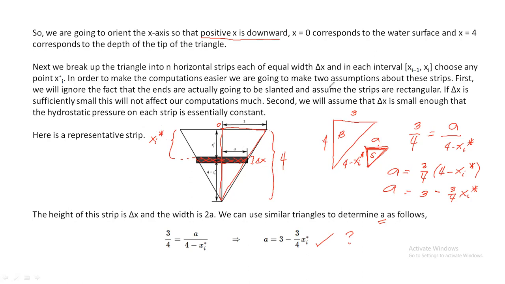The second reason, class, is of course the fact that this A varies. The A in this part here is different from the A here. So there has to be an equation that relates this varying A to this x sub I asterisk, which is the location of the differential area as placed on this triangular plane.